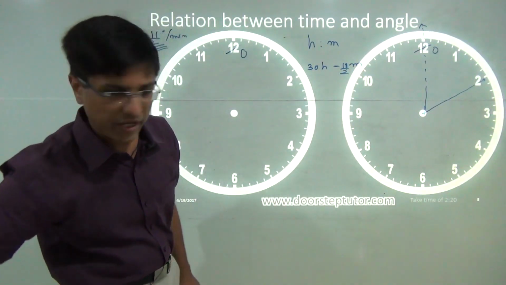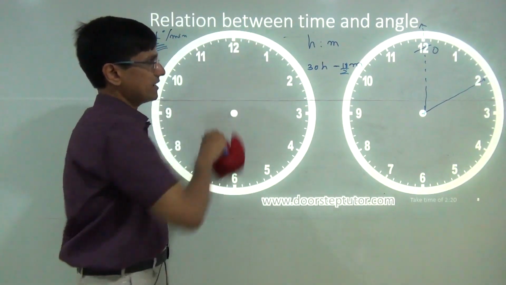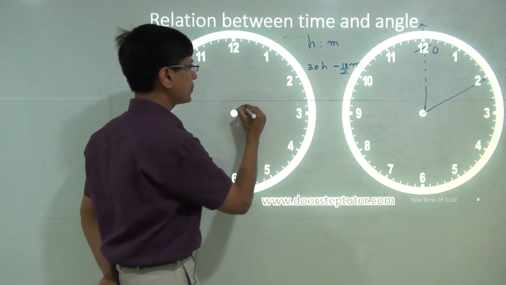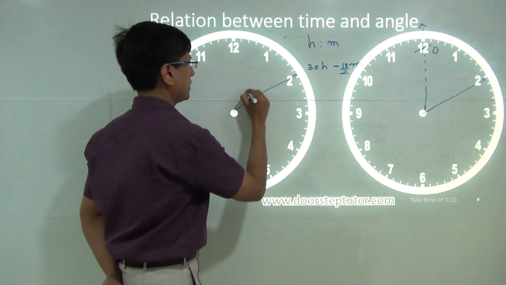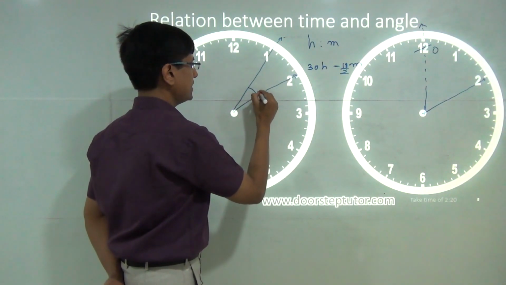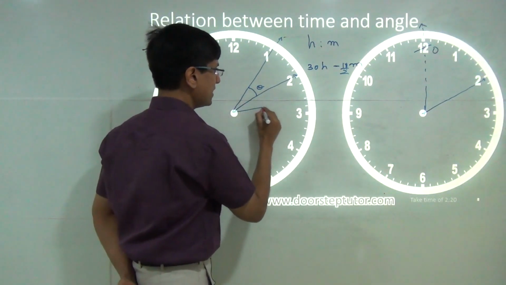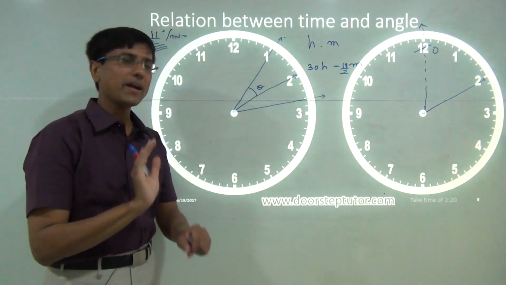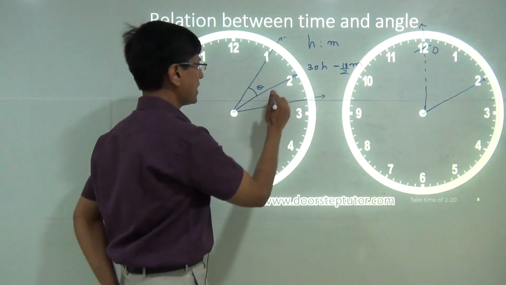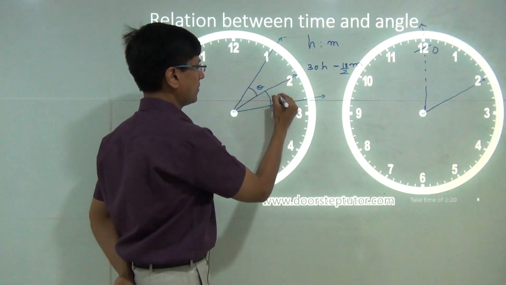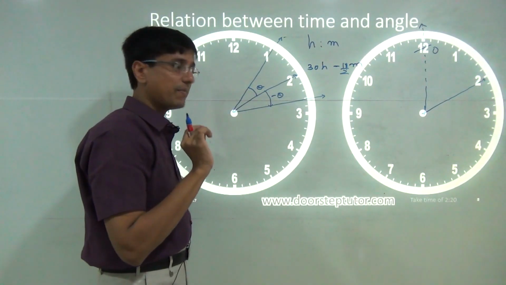Now another thing to note here is that as the minute hand moves, it is at this position. Let's say this angle is theta, and then sometime later it catches up and overtakes the hour hand, and this angle becomes minus theta. It's just a matter of notation.